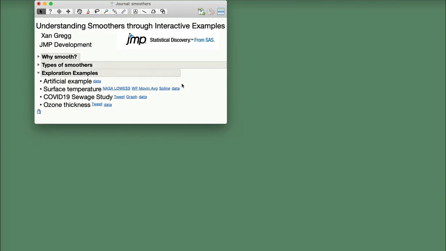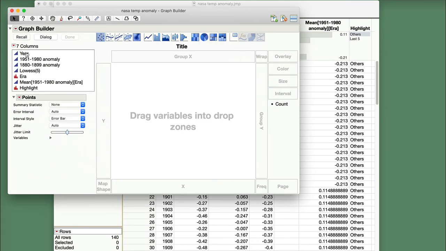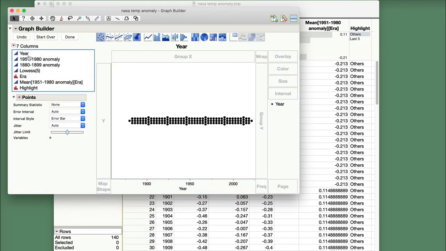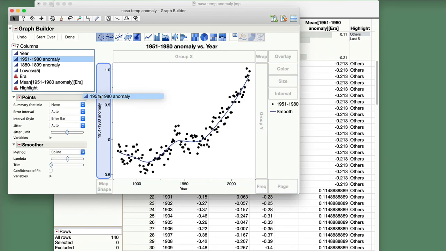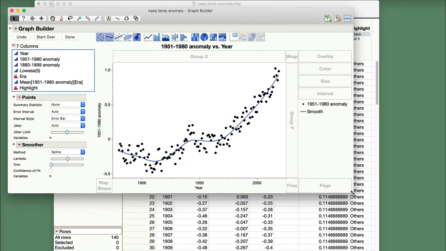So I got that data, and just to see what it looks like. Let's get year here on the X, and we'll get that anomaly on the Y. So here's our spline smoother, which is pretty good. We can change the stiffness depending on how much we want to emphasize the short-term variation over the long-term variation.